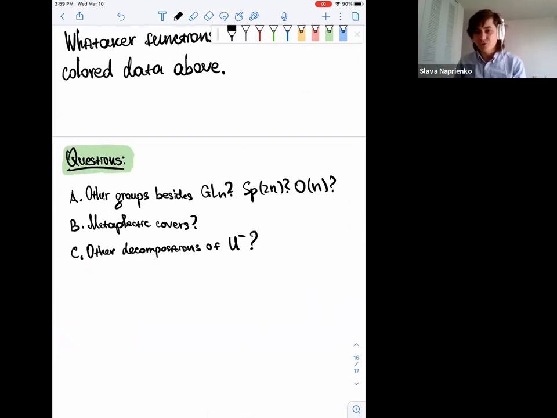So I made everything for GLN. What about symplectic group or orthogonal groups or any other split reductive groups? The answer is that this one is kind of done. This one I'm going to do, the dashed. This one is something I'm working on, and it seems like everything works as well. You describe something in terms of the integrals, you calculate the integrals, you get the weights, you describe the geometric pieces combinatorially.